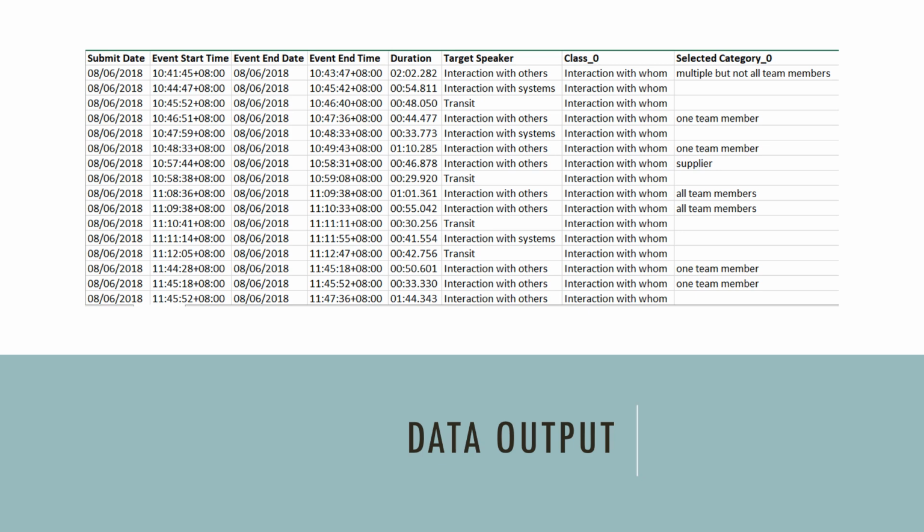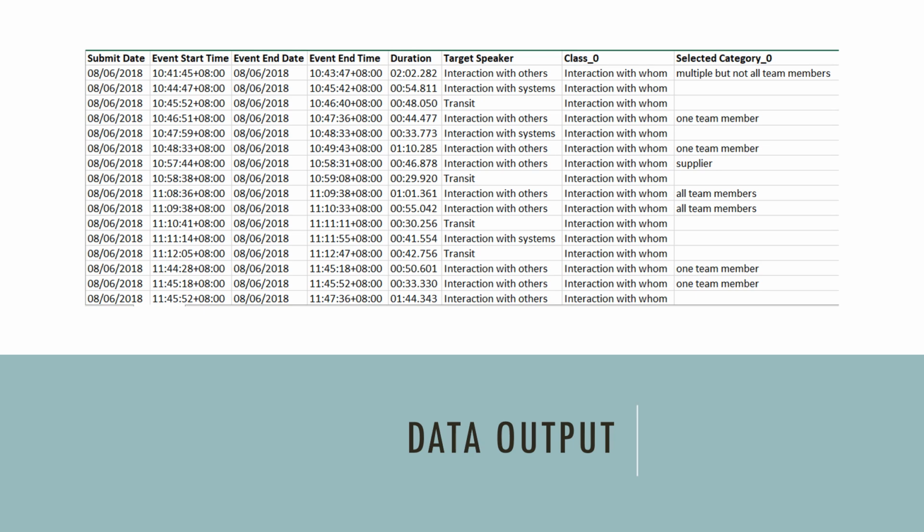So basically, once you download the dataset, it looks something like this. As you can see on the screen here, it's got the date of when the observations happened, the event start time and the event end time, the duration of how long each task that you observed took, and the relevant categories and subcategories, and all of the information that you basically put in at the time of your observation.